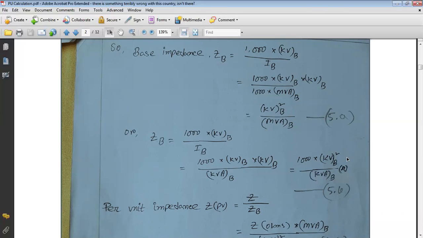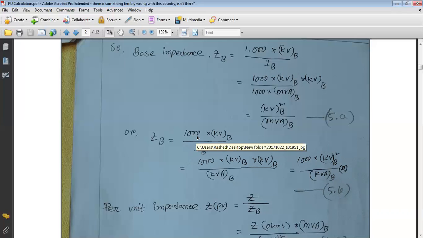Because if we put the current in ampere and the voltage value is kilovolt, then this 1000 means we converted kilovolt to volt, because the impedance unit is ohm, that is volt per ampere. So we have to put the value of voltage in volt. To convert kilovolt to volt, we multiply by 1000.